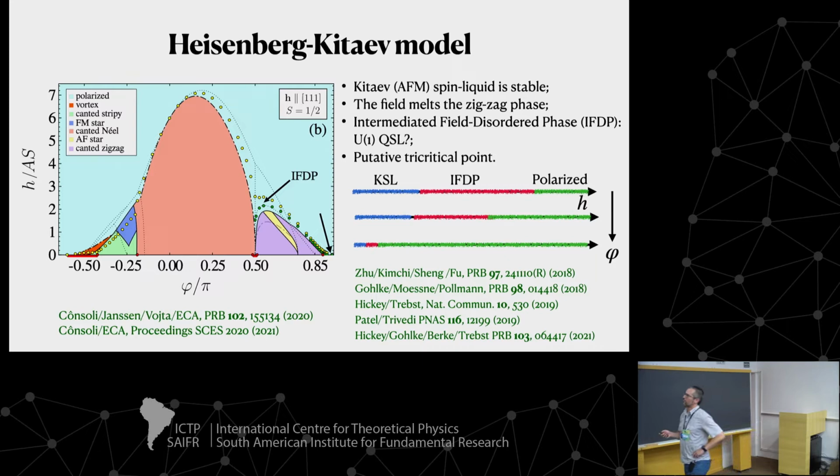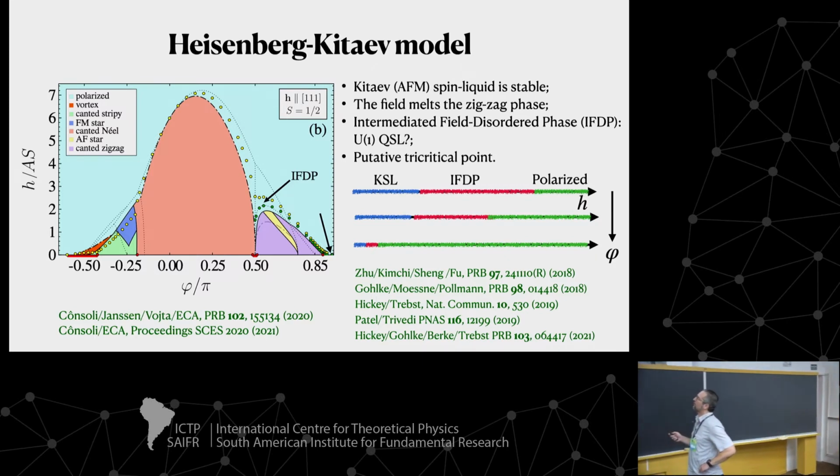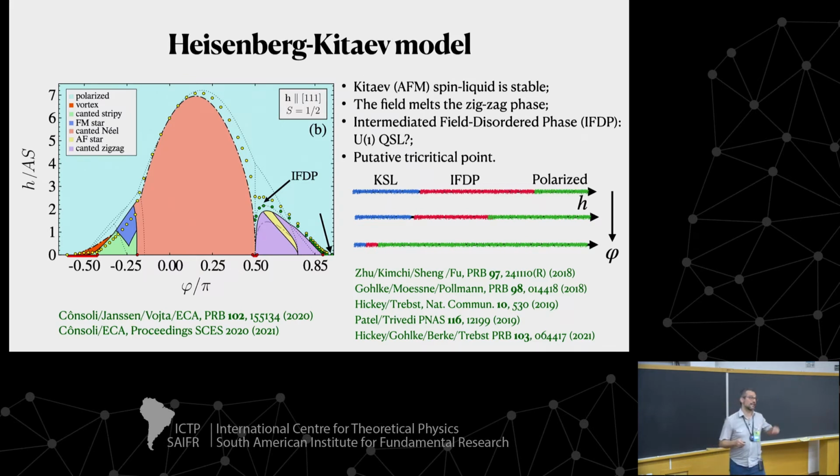Also, in principle, if you are brave enough, you can say that you capture a bit of the experimental situation, because this purple phase here would be the zigzag phase. You melt it, you enter into the spin liquid phase, then you get this intermediate phase, then you go to the polarized phase. So in principle, it's possible to melt the ordered phase and get the Kitaev spin liquid.